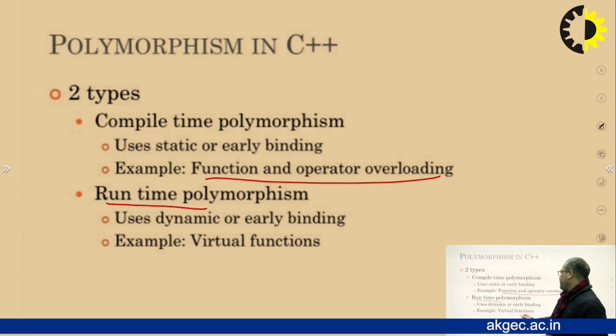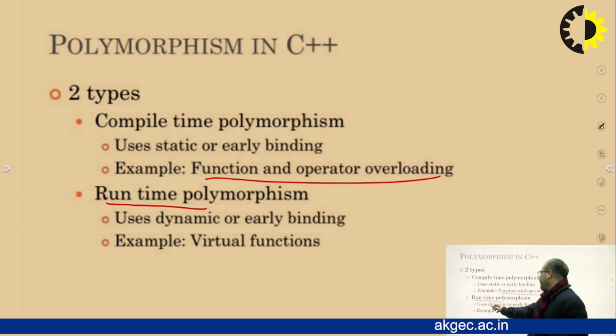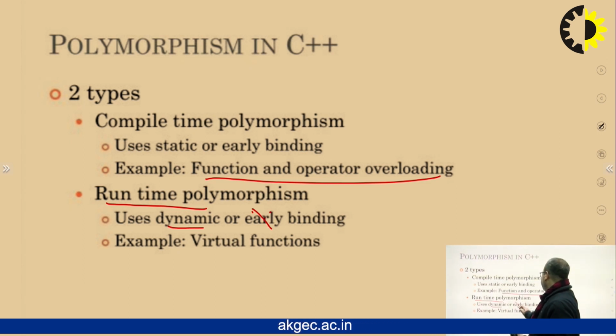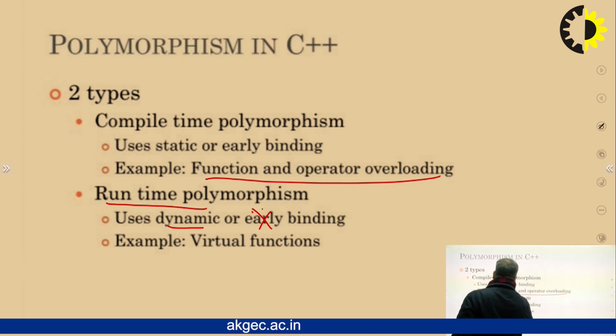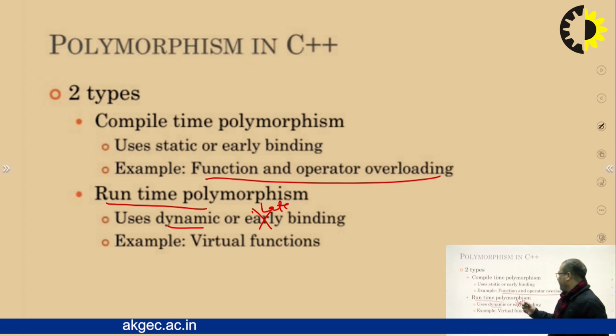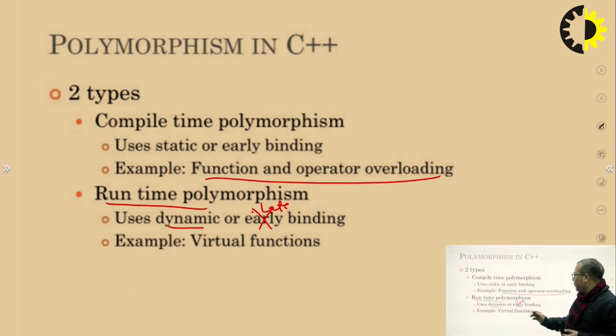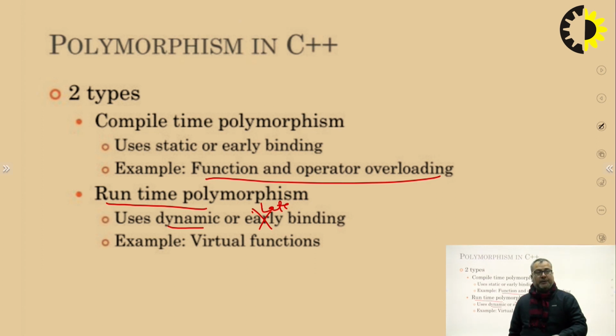So this is sometimes called dynamic, or even this is wrong. This is not early, this is late binding. Okay, this is wrongly written. So runtime polymorphism is sometimes called dynamic or late binding, and using the concept of virtual function, you could achieve this runtime polymorphism.